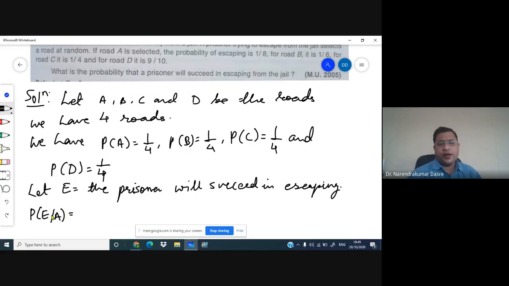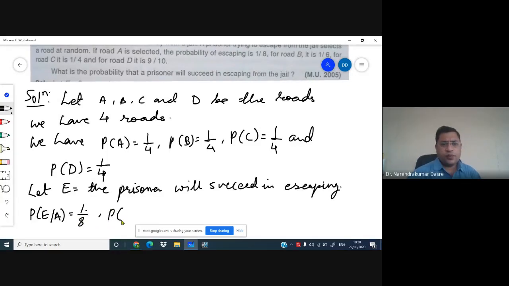So this is the conditional probability we have: the probability of escaping given the choice of road A. What is given? If road A is selected, the probability of escaping is 1 by 8.